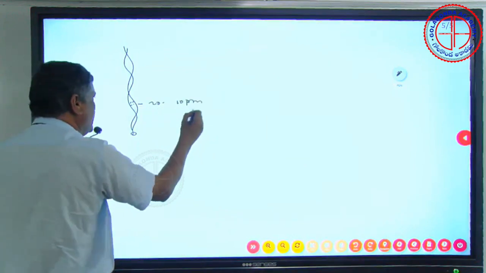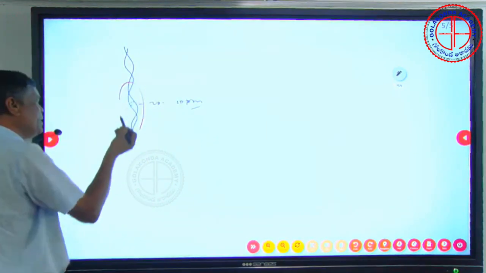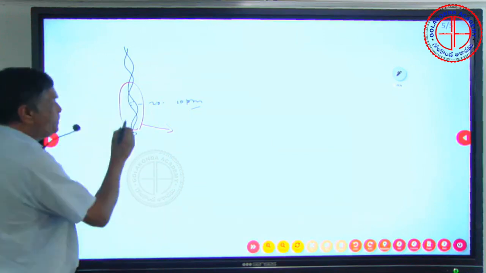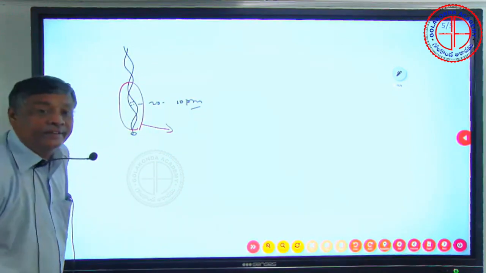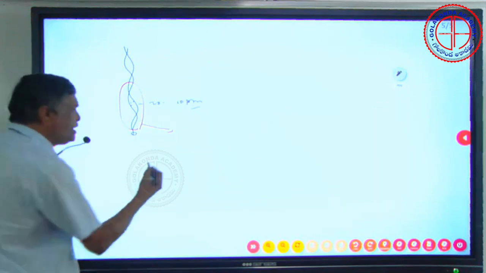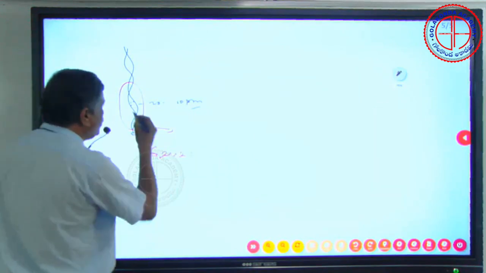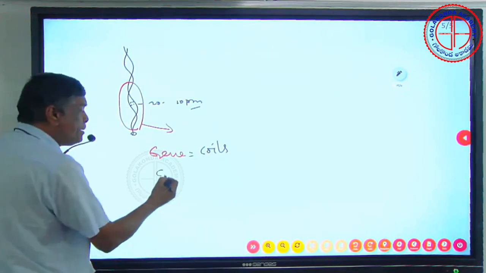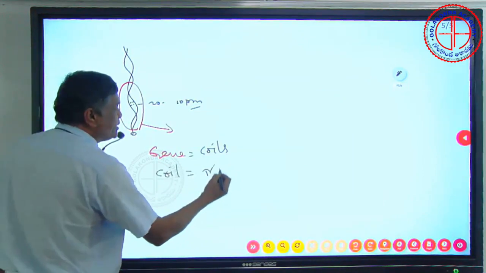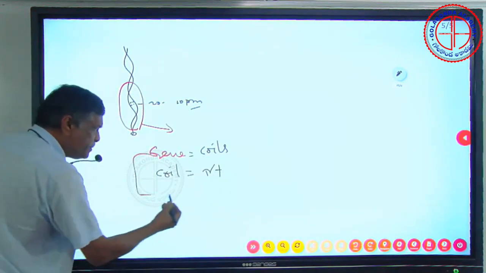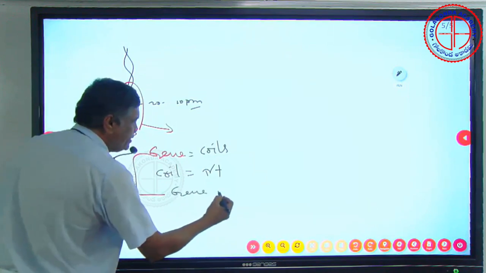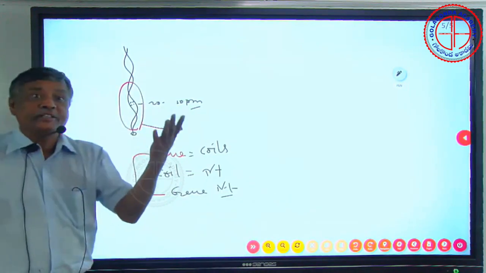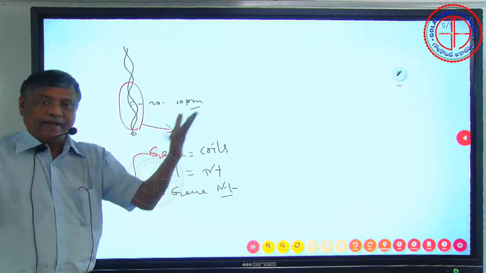The part of DNA which has the capacity to proliferate or determine a character is known as a gene. A gene is made up of coils, and a coil is made up of nucleotides. So basically a gene is made up of nucleotides. How many nucleotides are required for determining a character?